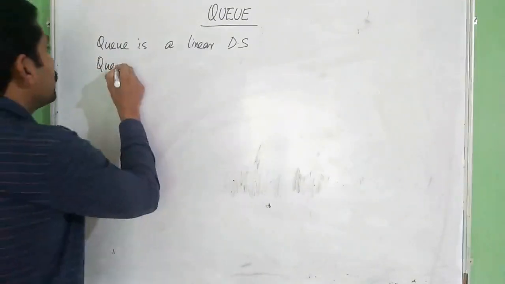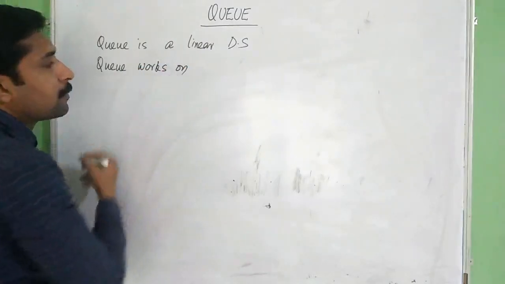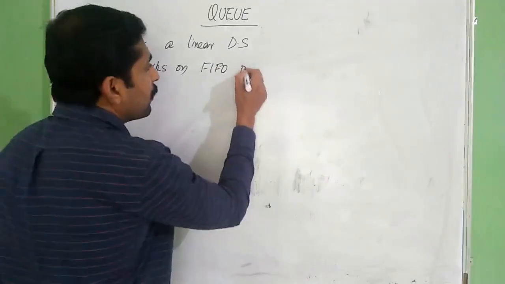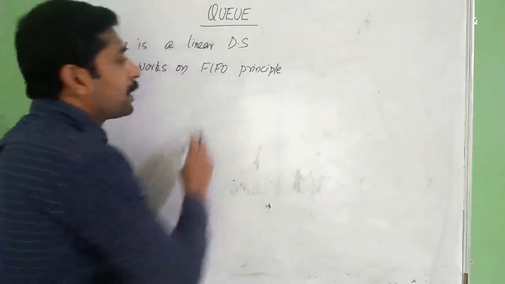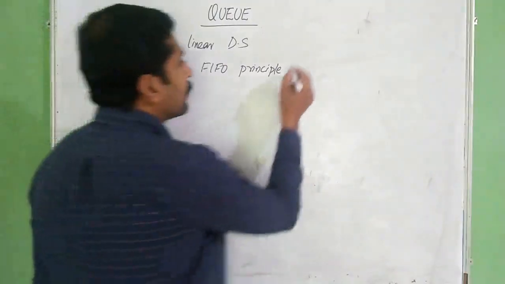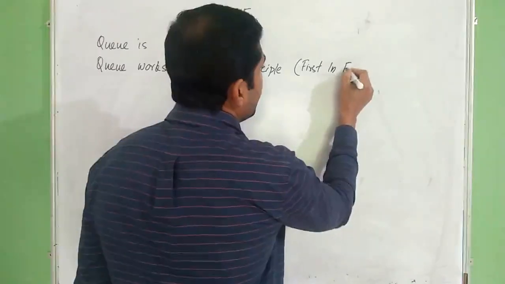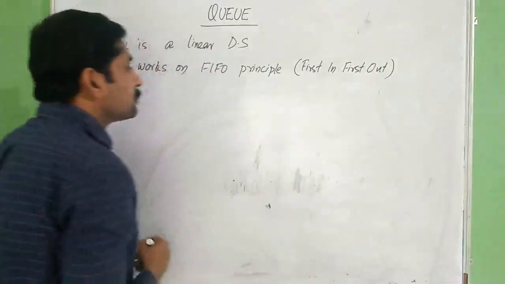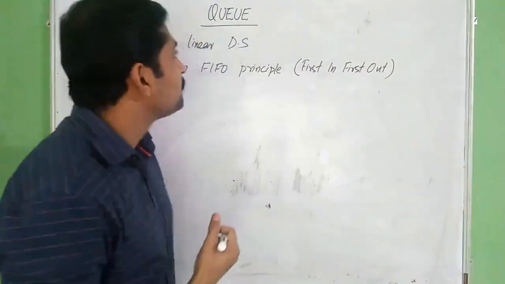Queue works on FIFO principle. What is FIFO? First in, first out. Again, this is a logical data structure.